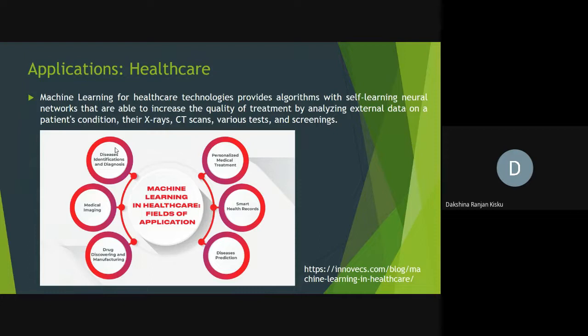So here are disease identification and diagnosis, medical imaging, drug discovery and manufacturing, personalized medical treatment, smart health records, and also some specialized areas like disease prediction. In disease prediction also, the machine learning algorithms are widely used.